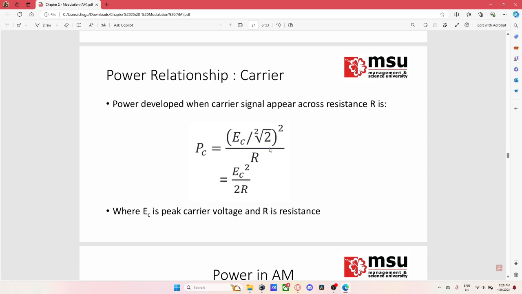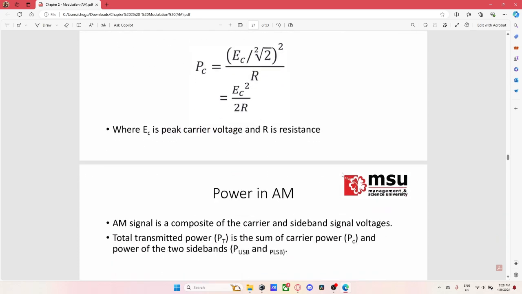You don't need to memorize the above part because all the information needed is available in this equation instead. EC square over 2R, where EC is the peak carrier voltage and R is the resistance.